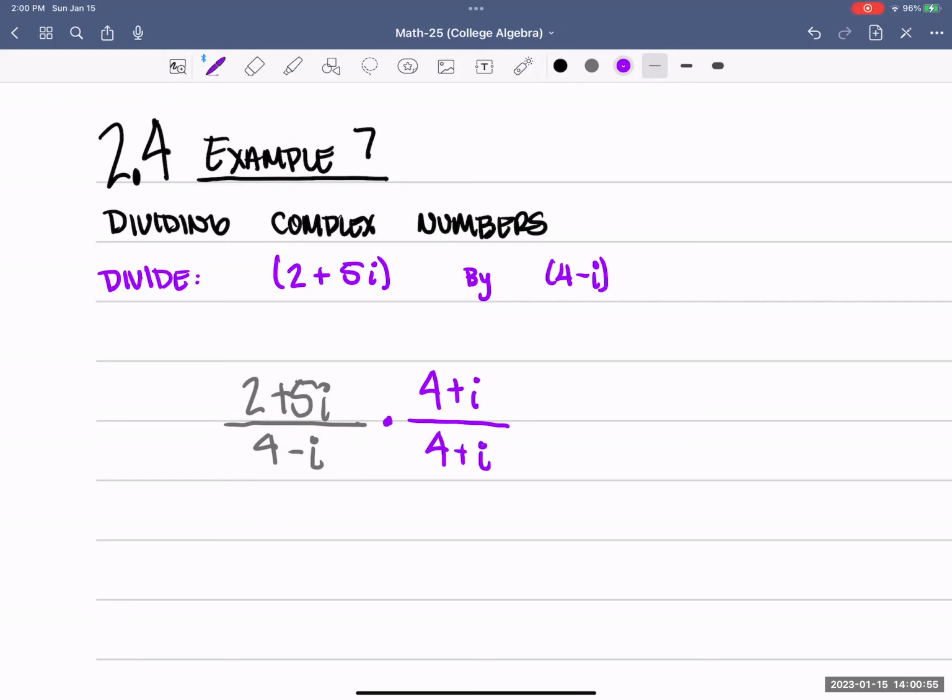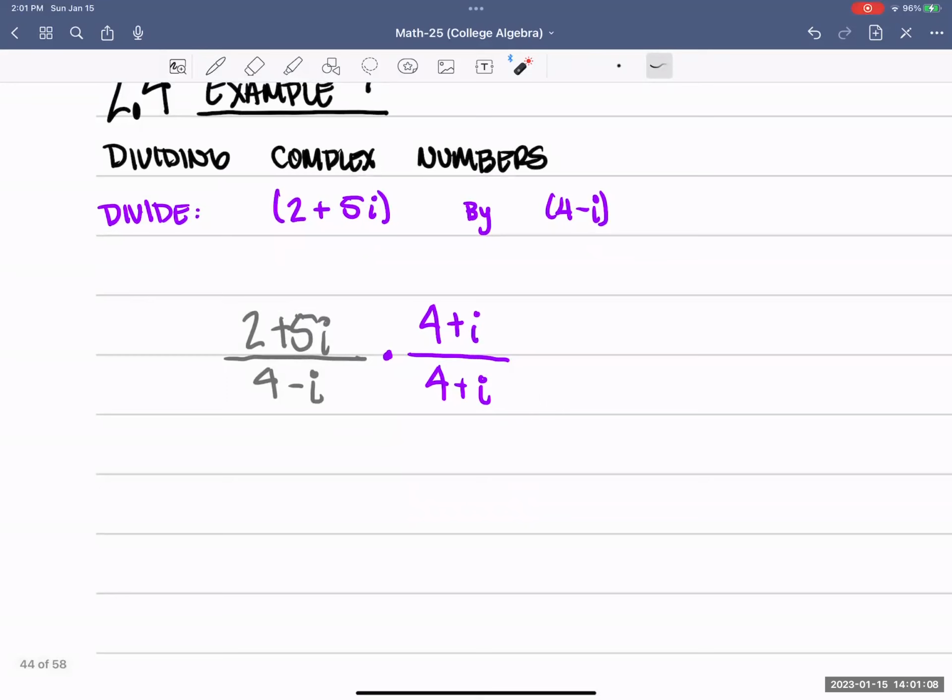And essentially what we're doing is multiplying by 1. It's not changing the value of anything that we have going on here. So here we multiply these two binomials. Remember, just treat these as if they were binomials.